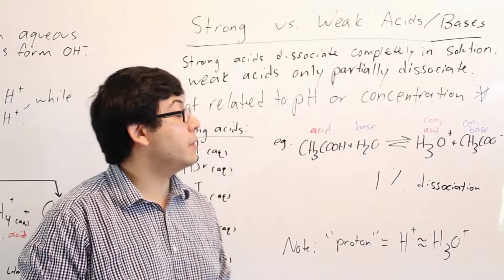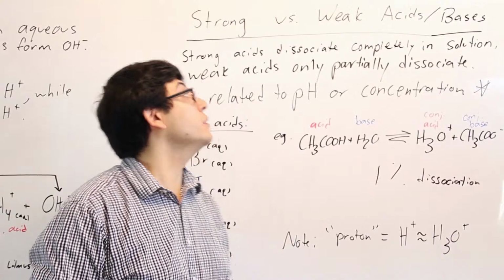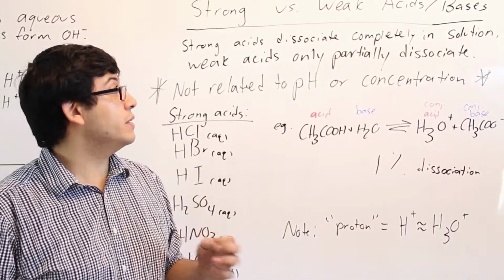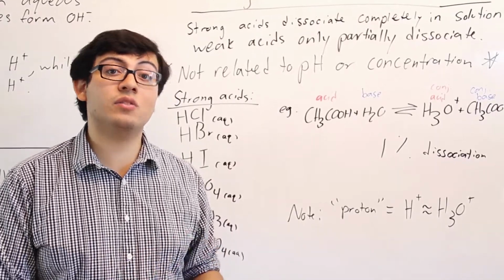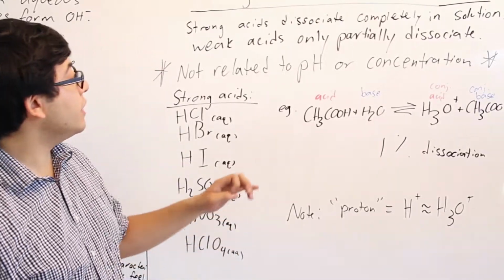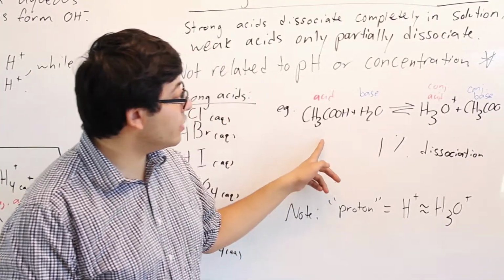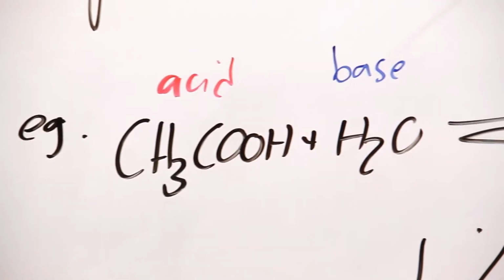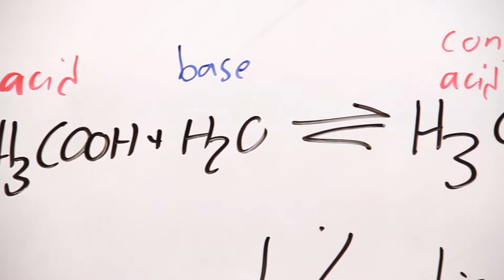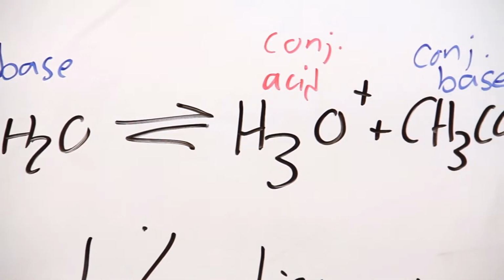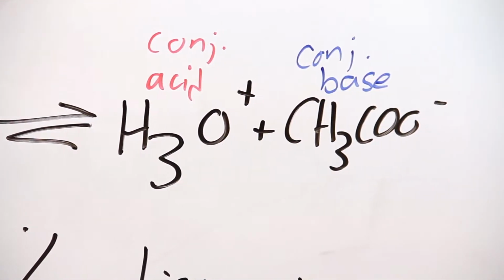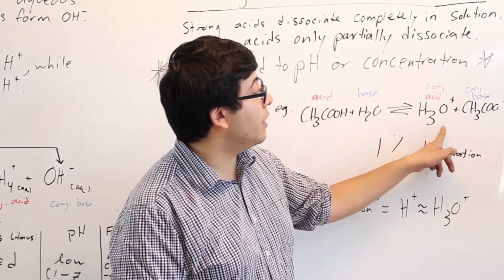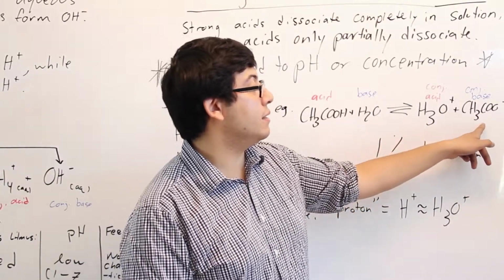Let's move on and talk about strong versus weak acids and bases. Strong acids or bases dissociate completely in solution, whereas weak acids or bases dissociate only partially. If we take a look at our equation here, this is acetic acid, which is found in vinegar, and it's reacting with water, which is acting as a base right now. Acetic acid, which by definition is an acid, will donate one proton, H+, to water to give H3O+ and acetate.